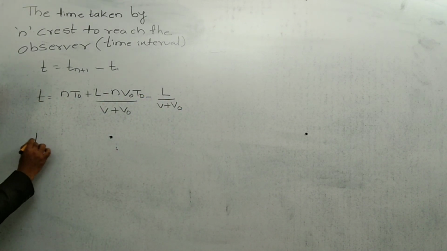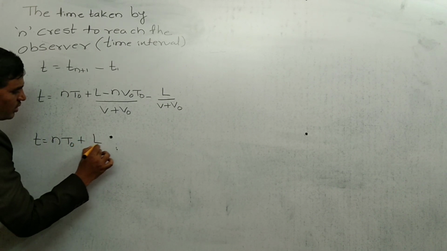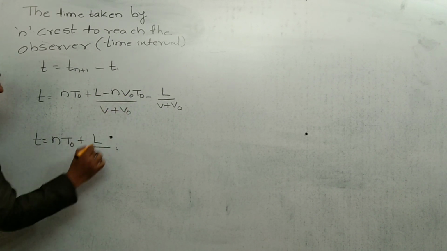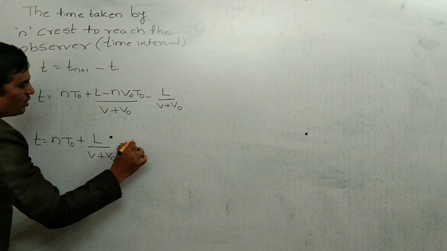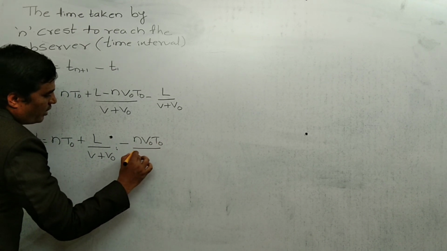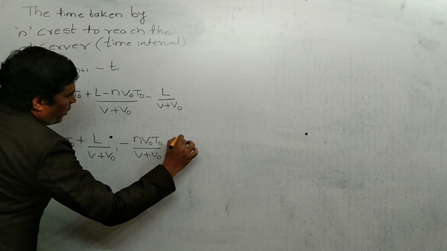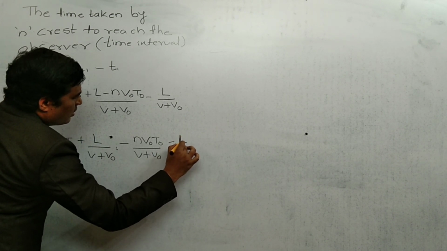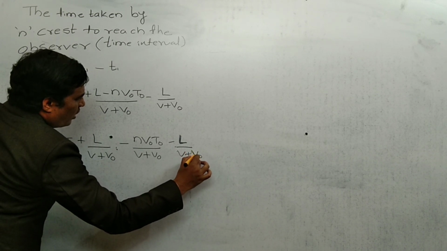Now here T equals n t naught plus L by, now separate the denominator, L by (v plus v naught) minus n v naught t naught by (v plus v naught) minus L by (v plus v naught).